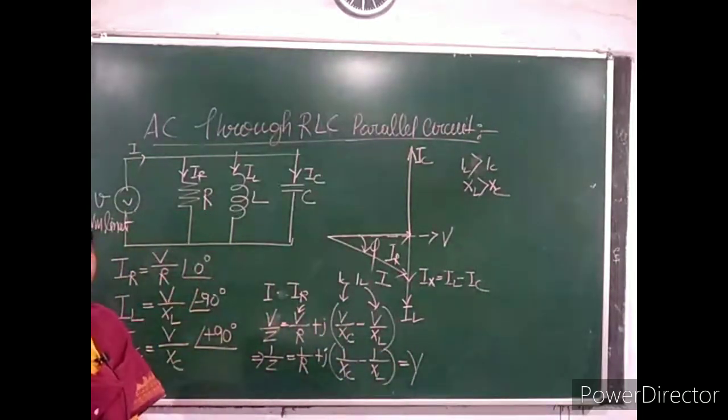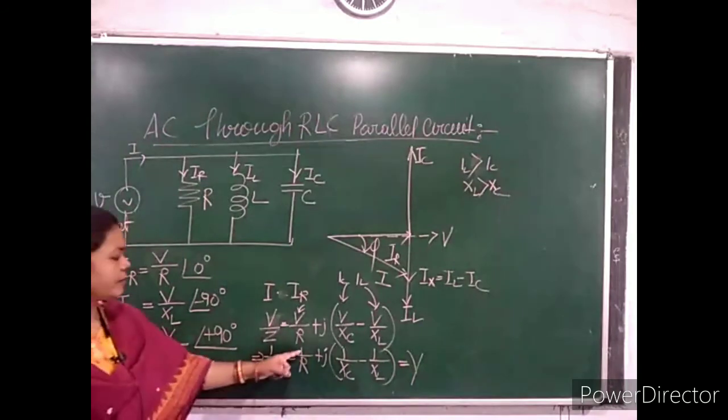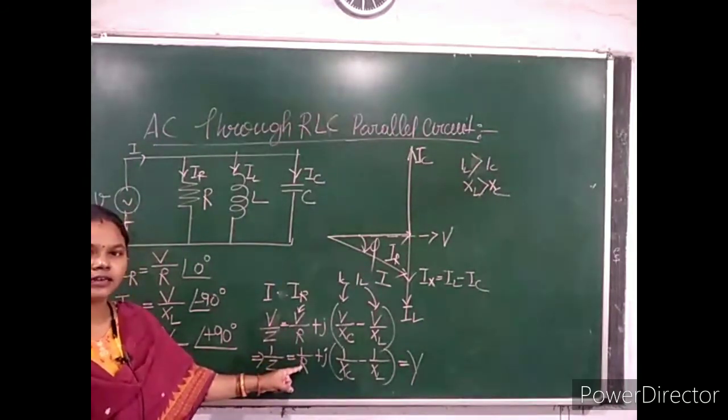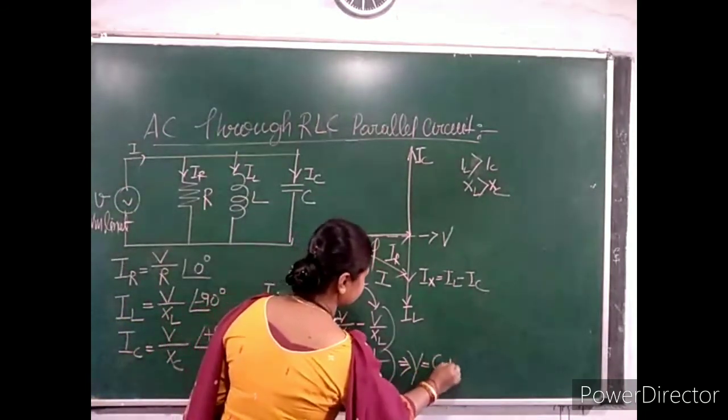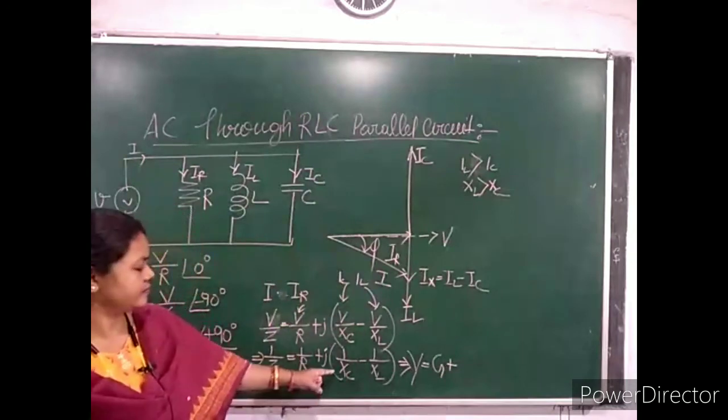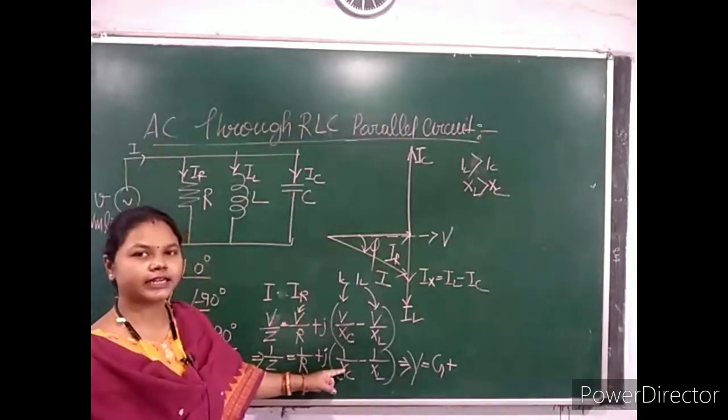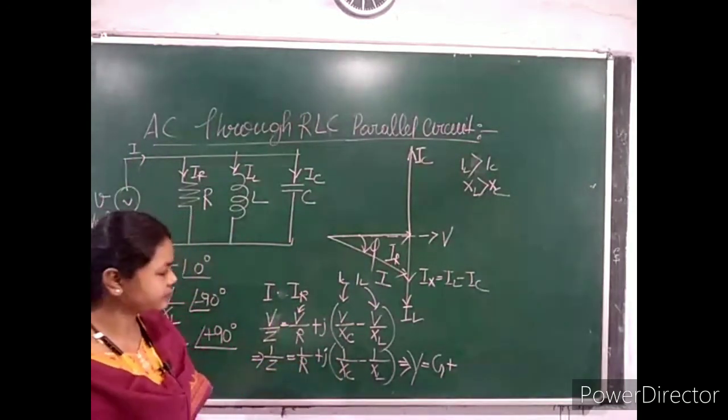Reciprocal of resistance is called conductance, represented by G, so I may write this equation as G plus j, where the reciprocal of reactance is called susceptance.